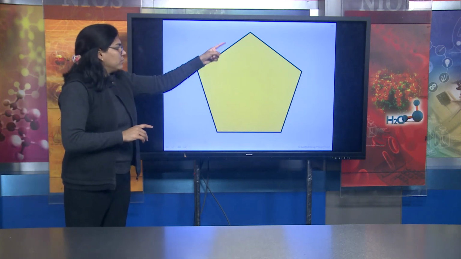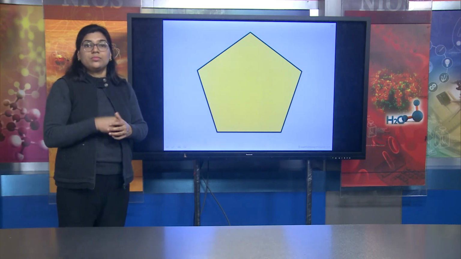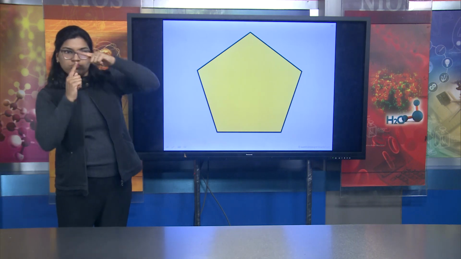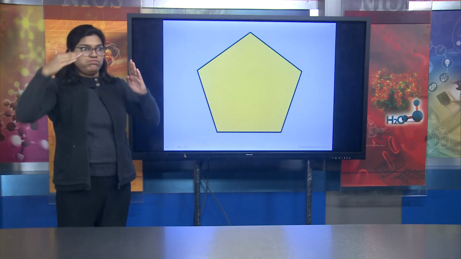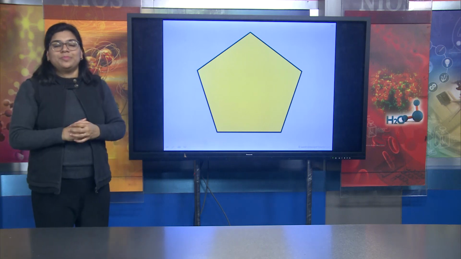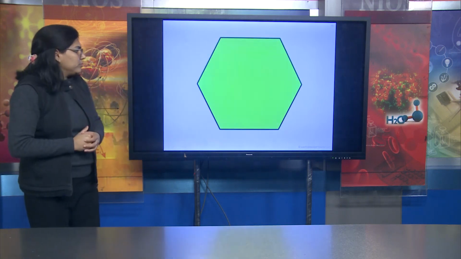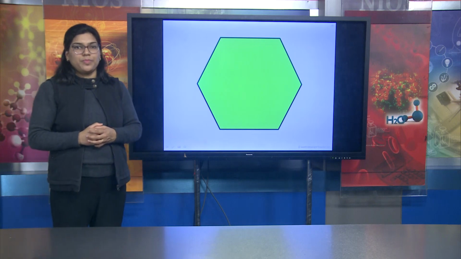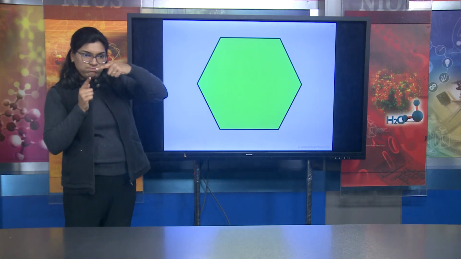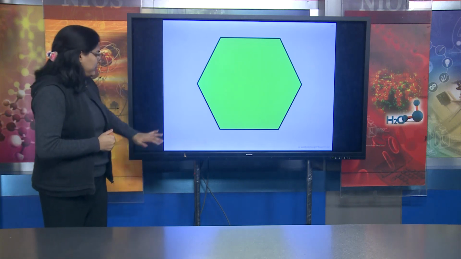Now see, this is another polygon. How many lines does it have? 5 lines. And you can also see the vertices. Yes, the vertices are perfect.